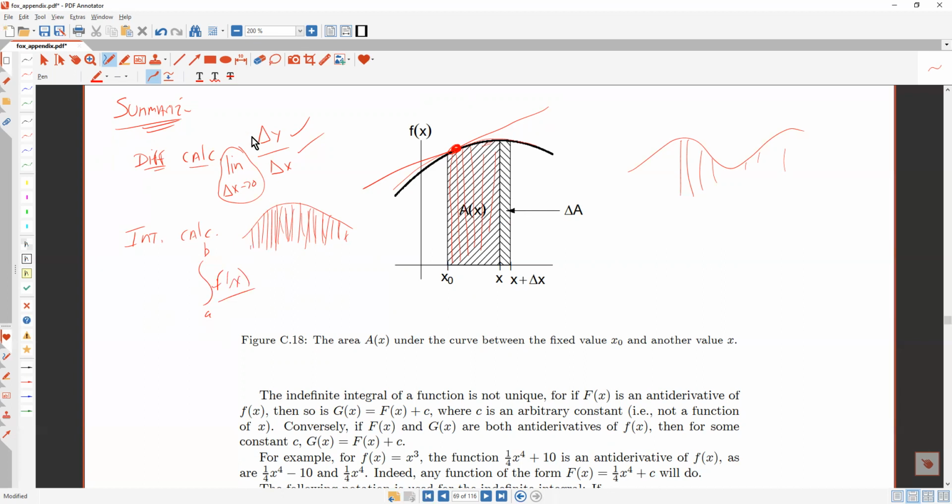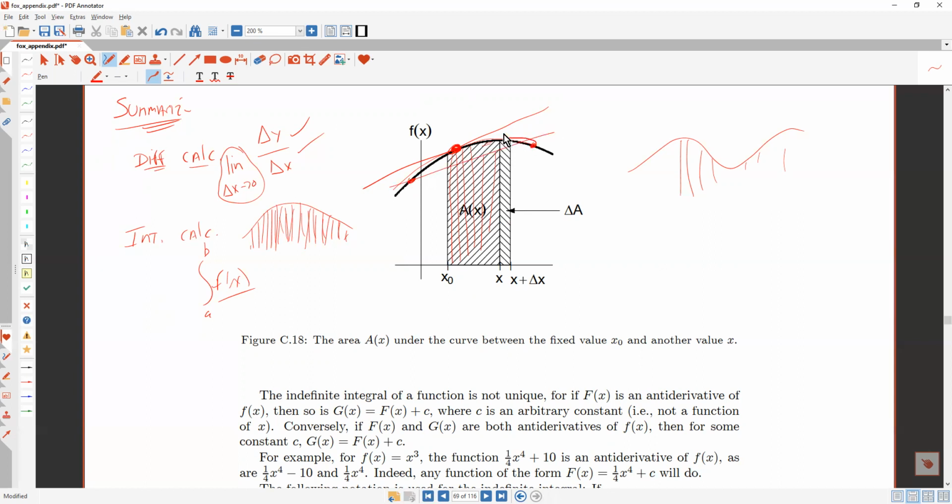Now, when you look at these two concepts, you see that there's a general theme here. And one theme that comes about is the idea of approximating and then taking that approximation to the limit. Okay, what do we mean by that? Well, in the case of calculus, I'm going to draw my slope here.